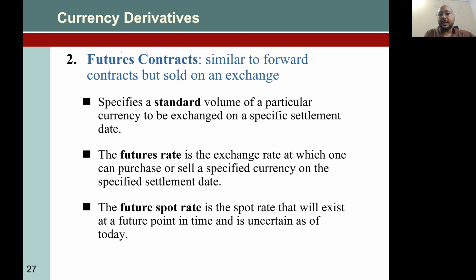So the next one is the futures contract. Futures contracts are similar to forward contracts, just one thing: they are of standard volume. They are not over the counter, they are not customized. For example, if you enter into one contract, it is only for $100,000.